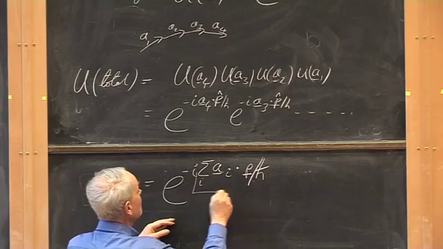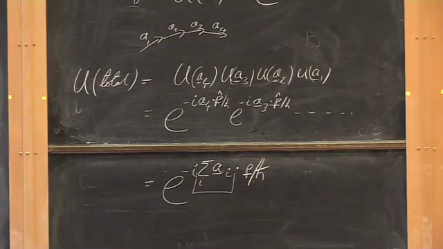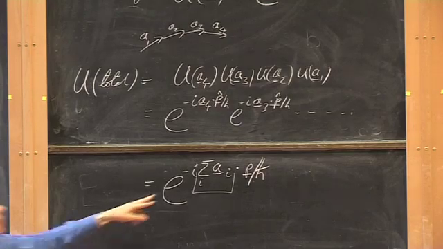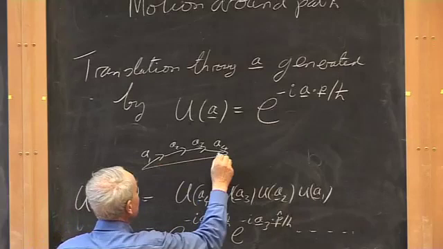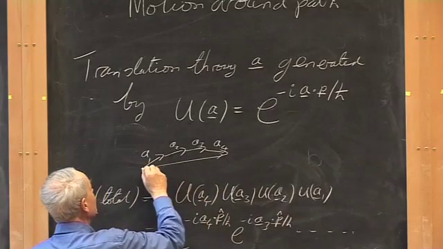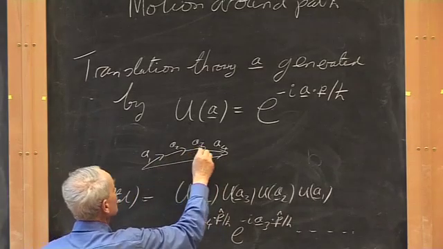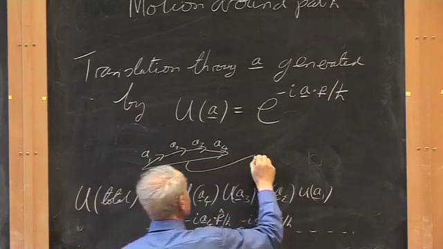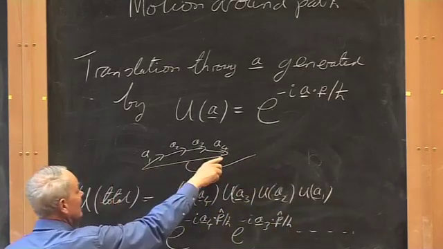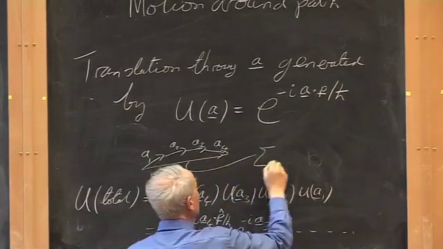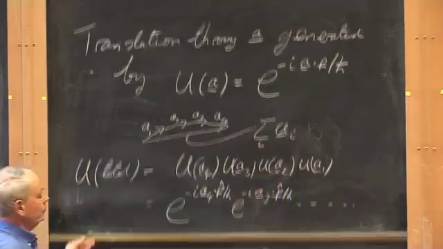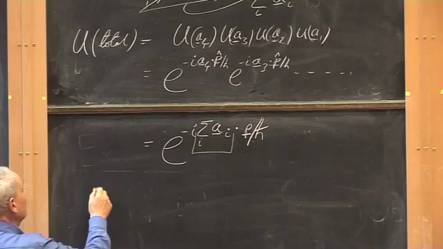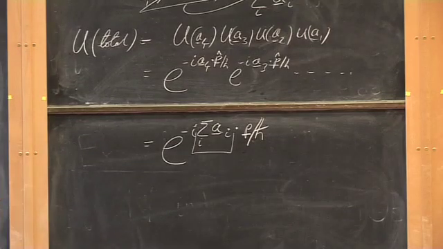It's an operator of exactly the original form, where the displacement is simply the sum of them. So the result of taking it this way and this way and this way and this way, we've just shown, is the same as the result of just taking it in a straight line over the sum of the A i. So that's a general argument.